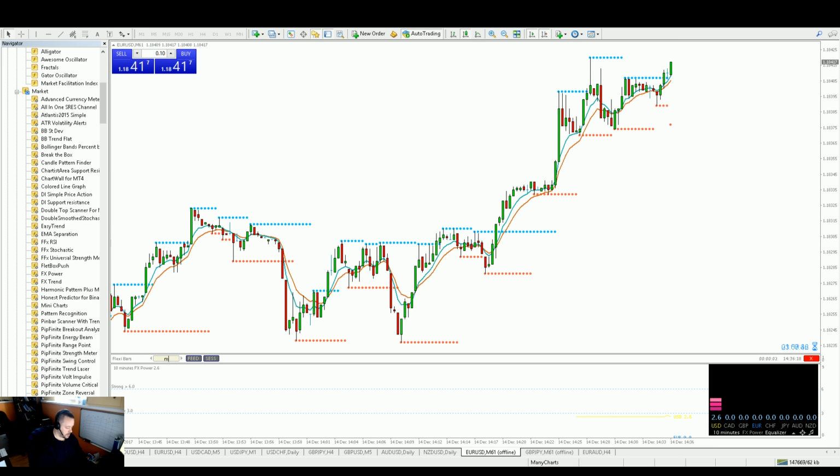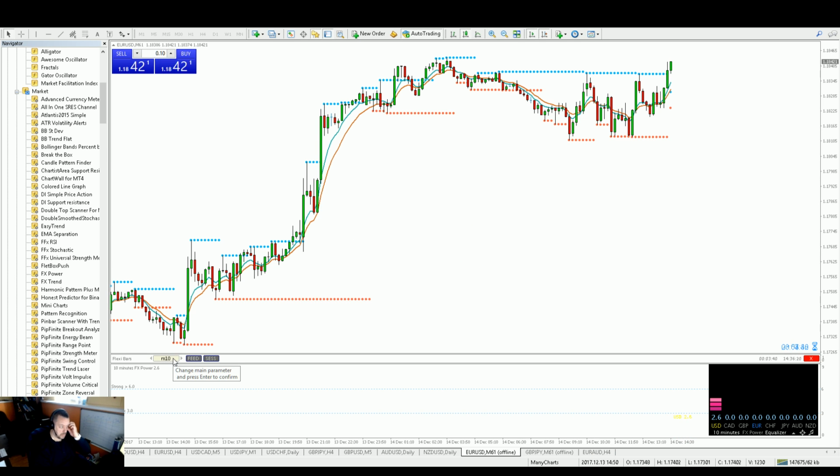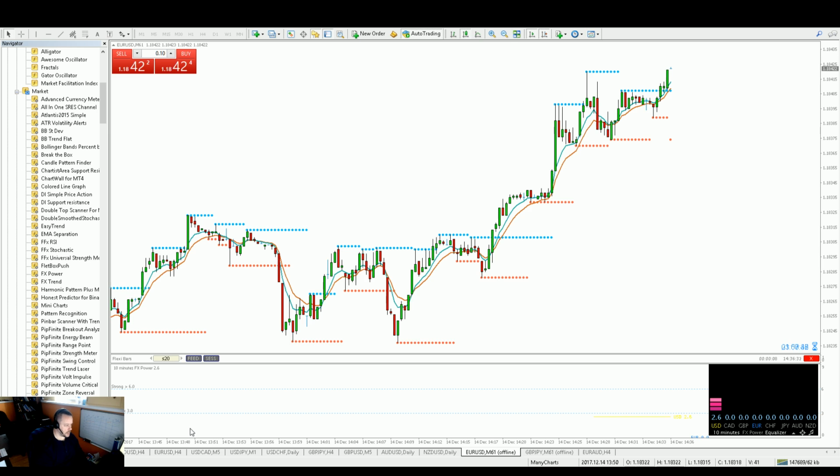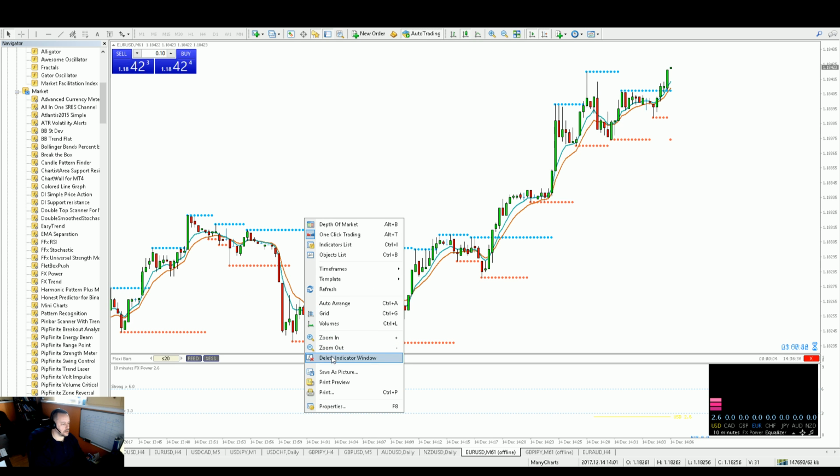Yeah, this thing is not compatible with FlexiBars. Well, whatever. So, 20-second chart. I'll remove this because it doesn't work.